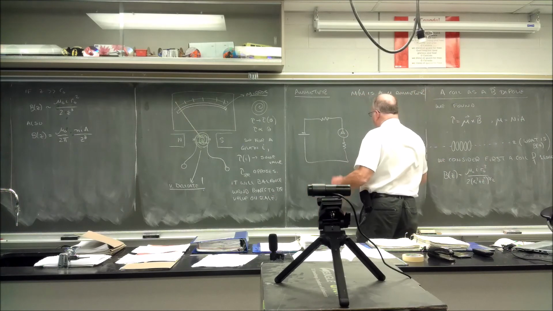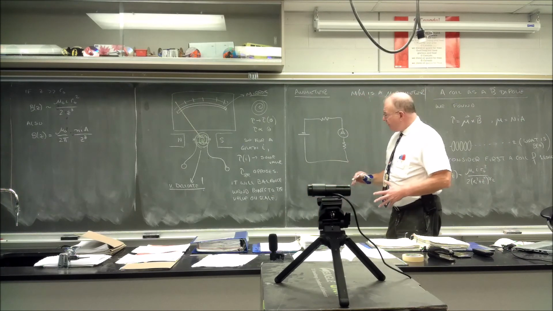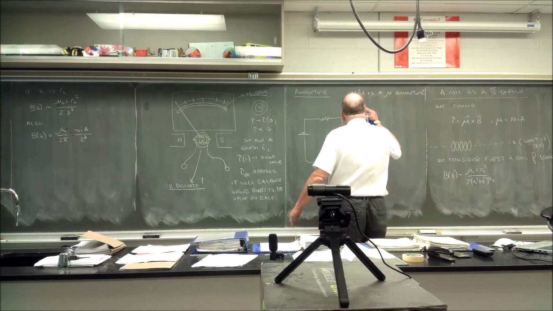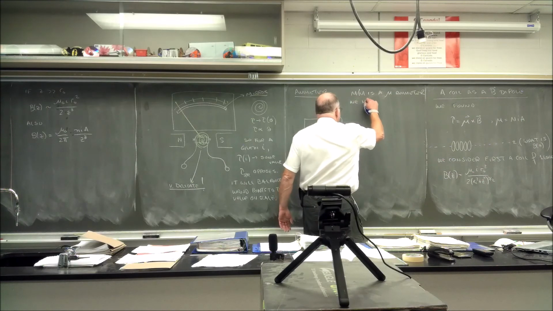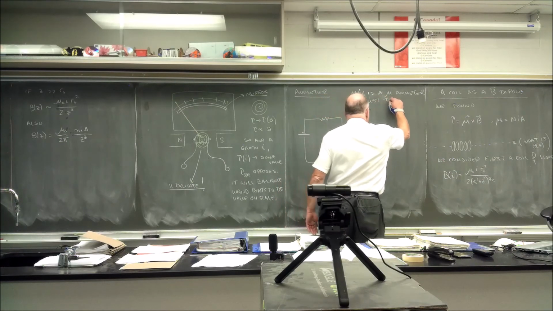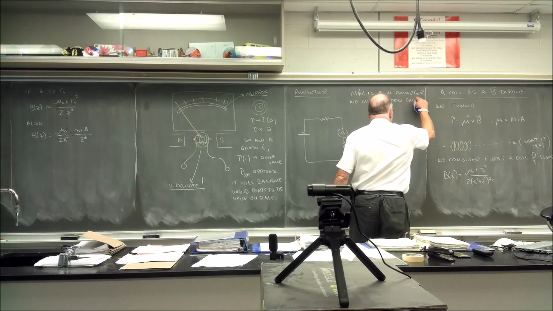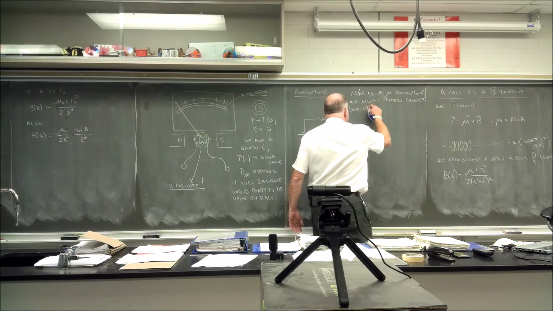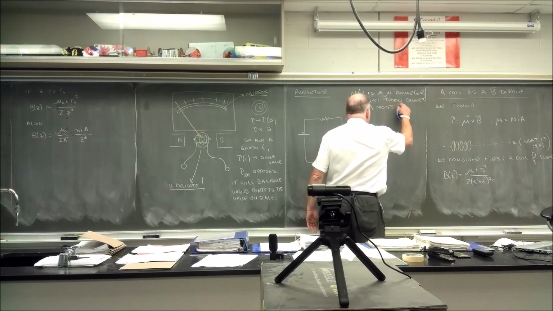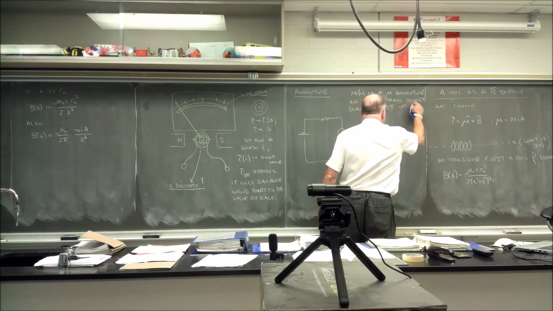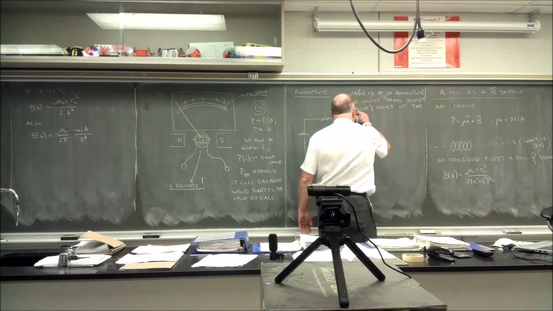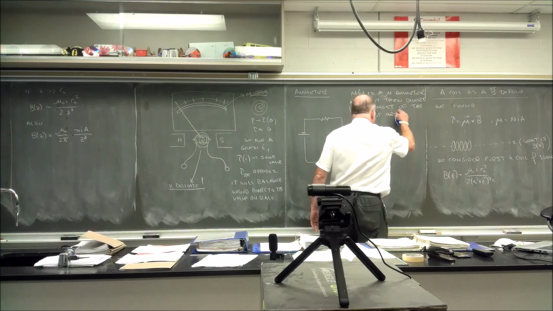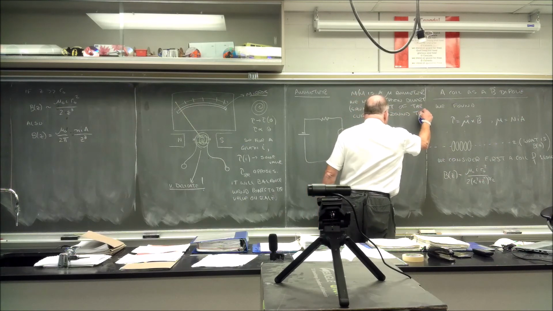So the device that we use to access this has to deal with the fact that the current can be whatever in a circuit. We must then divert, in parenthesis shunt, most of the current around the meter.